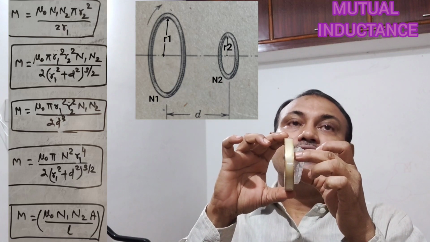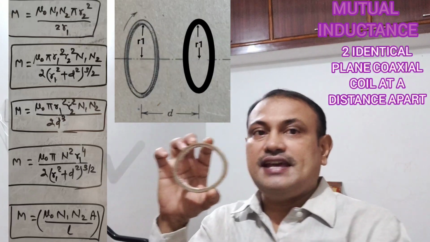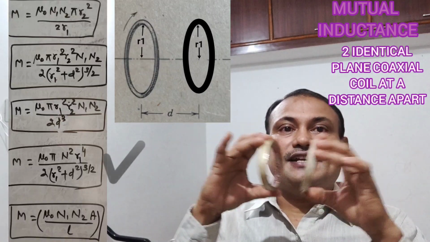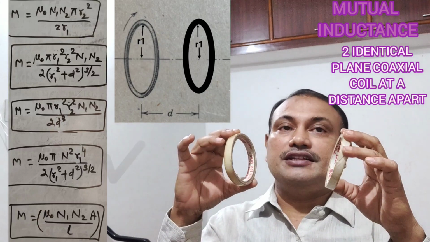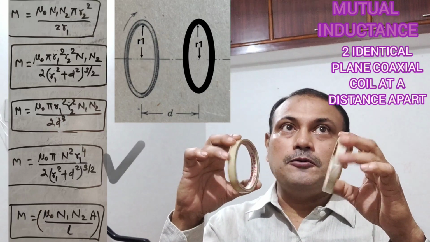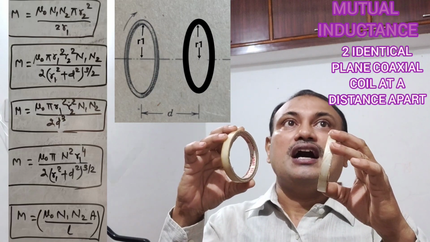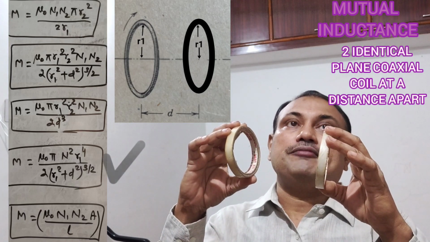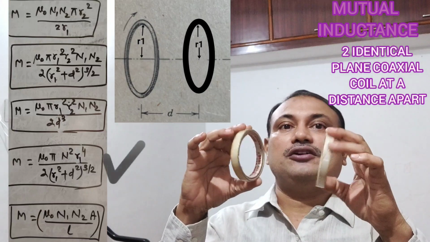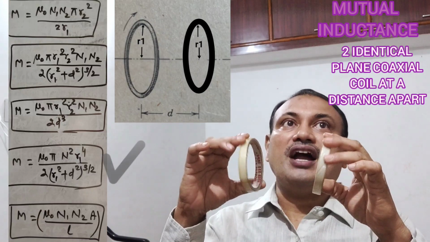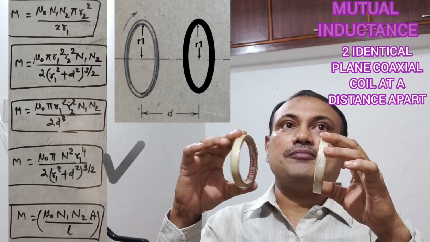Now, when r1 and r2 are the same, that means the radius of these two coils is equal, and the number of turns are also n1 equal to n2, then the formula reduces to mu 0 times pi n square r to the power 4 divided by (r square plus d square) whole to the power 3 by 2, where r is the radius of each coil, n is the number of turns in each coil, and d is the separation of these two coils.